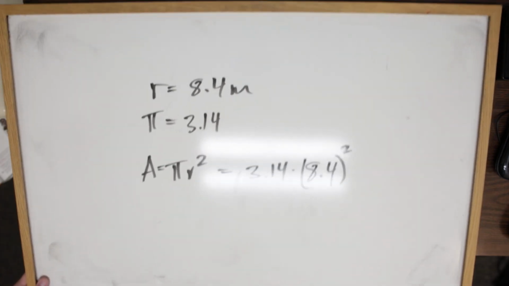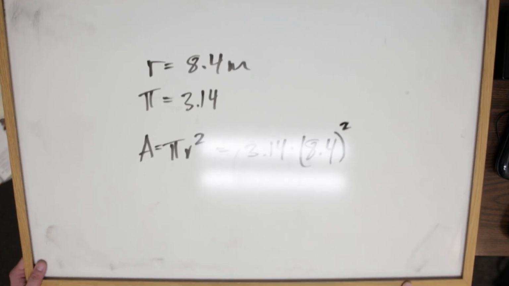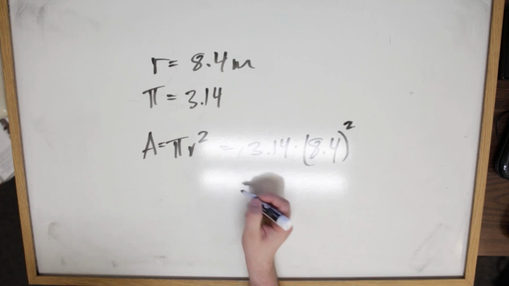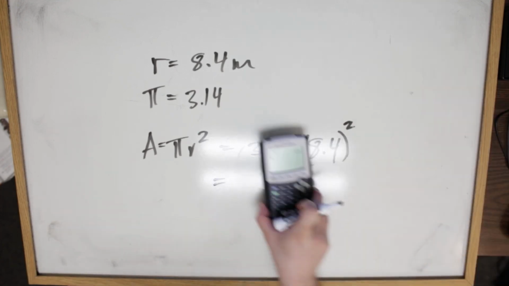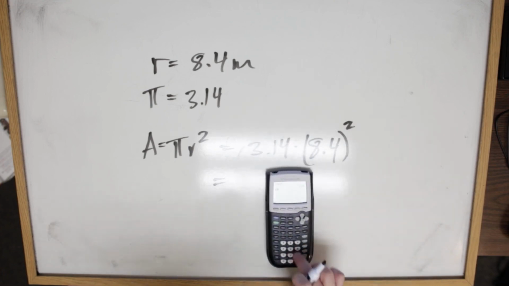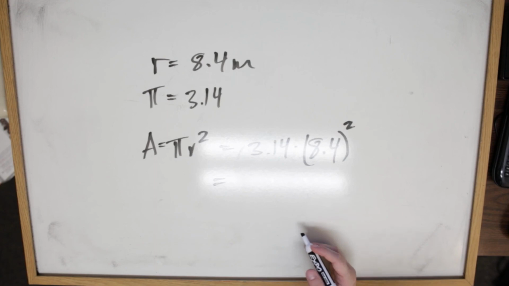What I'm going to do is punch it into my device. If you want, you can just do 8.4 times 8.4 to get 8.4 squared. So that's going to be 70.56.